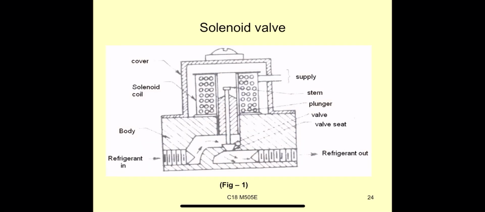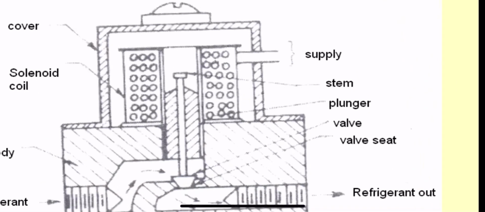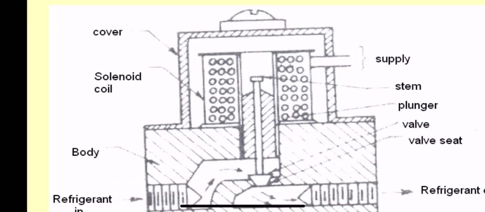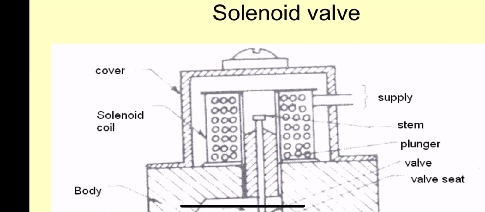The next one is the solenoid valve. See the diagram of the solenoid valve. Here one is the cover, next is the solenoid coil, another one is the body and refrigerant in, and the stem, plunger, valve seat and refrigerant out.